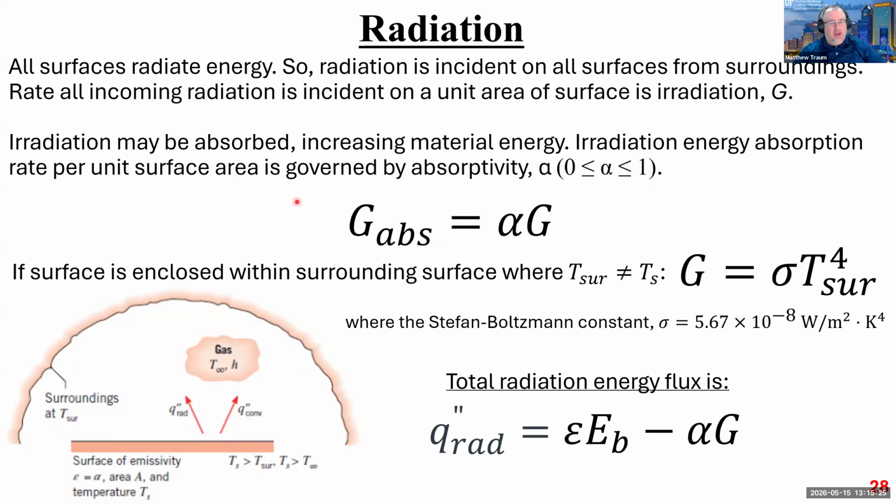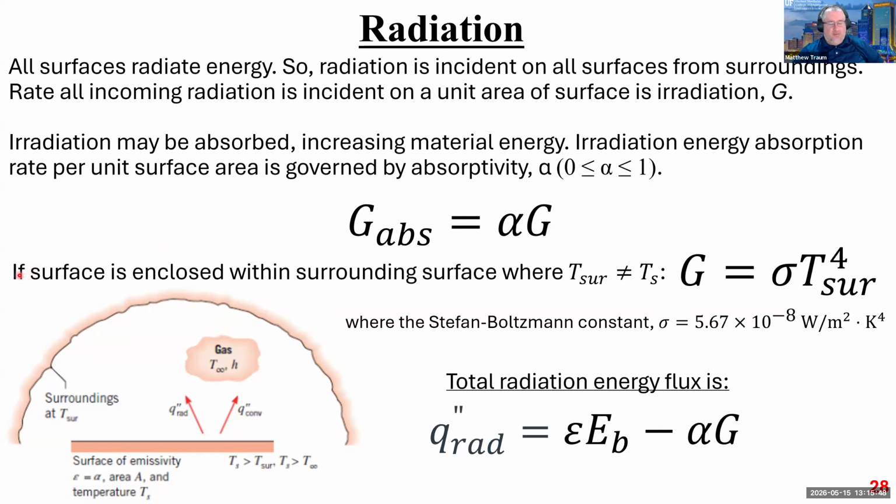Sorry, messed that up. This is the energy that you absorb. It is equal to your absorptivity times the total amount of energy that gets irradiated onto you. So energy that you absorb is equal to your absorptivity times total irradiated energy. Okay, makes sense.